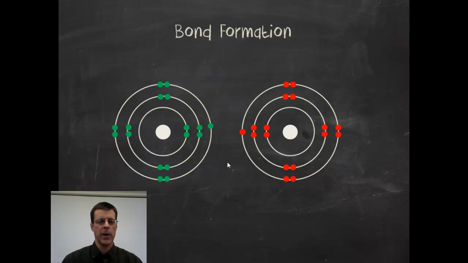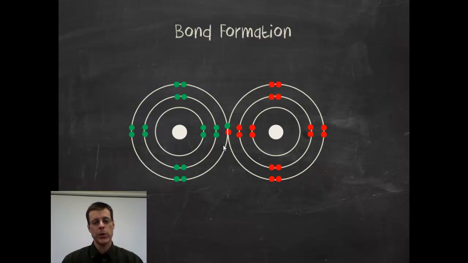So let's go back to some Bohr diagrams and have a look at this. So I've got chlorine atoms here and chlorine atoms here. Both have a high electronegativity, both have a high ionization energy, both have 7 valence electrons, both are 1 short of a stable octet.